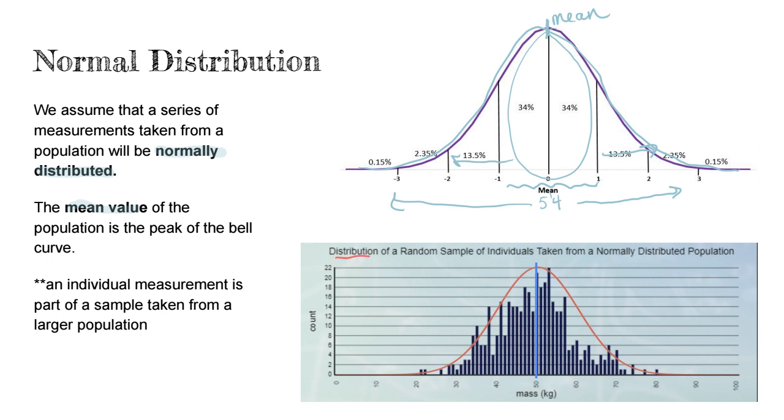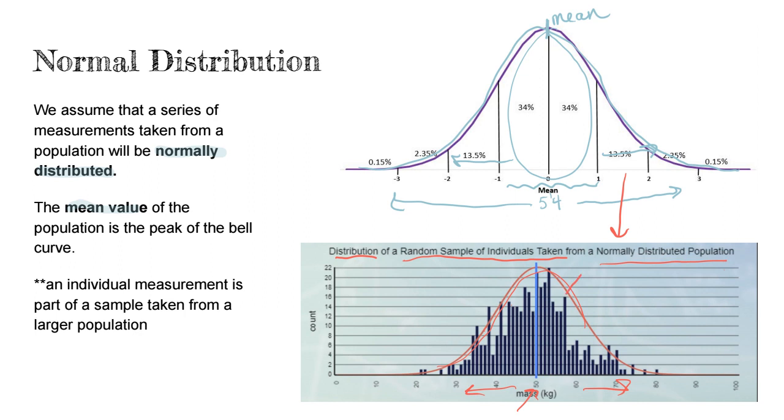Let's take a look at the graph down at the bottom. This is showing the distribution or spread of a random sample of individuals taken from a normally distributed population. So a population that has a normal distribution like the one we just talked about, a sample is taken from that, and these are our measurements of the sample individuals. You can see that we drew this red line bunching up around this mean, and it tapers off on the edges.